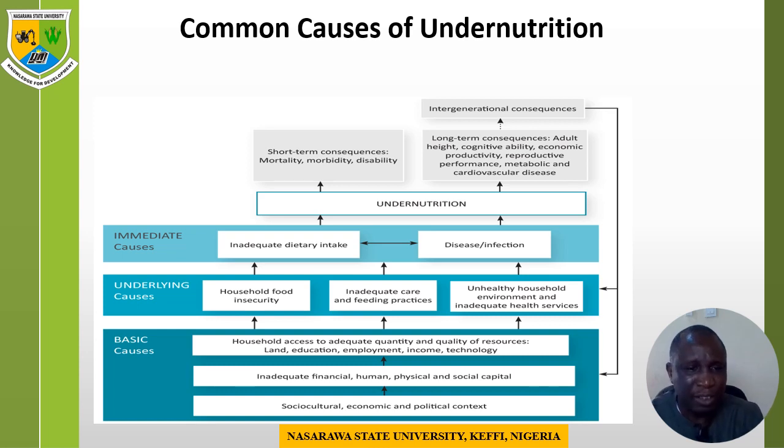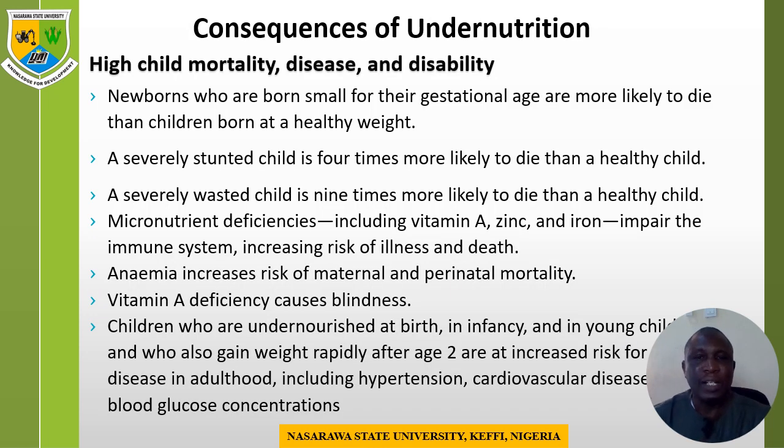And the third main cause is inadequate dietary intake as well as infection. A combination of inadequate dietary intake and infection leads to undernutrition. So these are the three classes of causes of undernutrition.